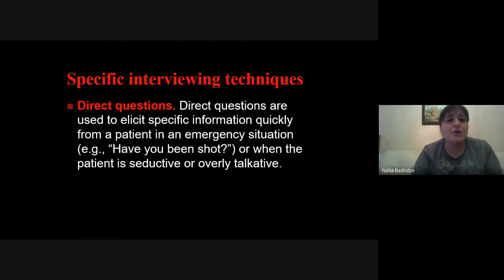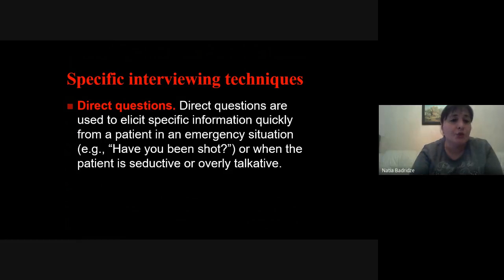And of course, there are specific interview techniques the doctor should use: direct questions and open-ended questions. It depends on the situation. Direct questions are used to elicit specific information quickly from a patient in an emergency situation.